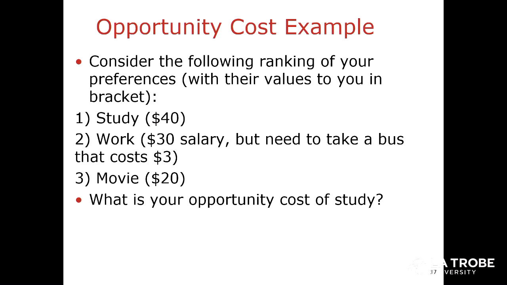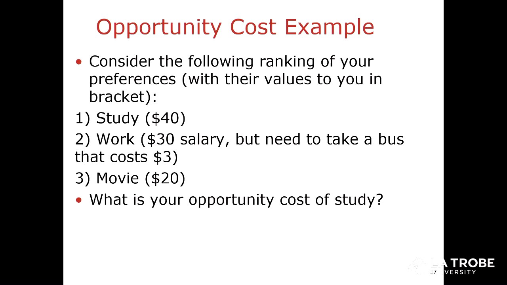Here, work is easy because you can measure it in monetary terms, okay? You know the salary, the wage per hour is $30 minus 3, which is what you pay to go to work. So actually what you earn when you go to work is 27. All right? So your opportunity cost is 27.